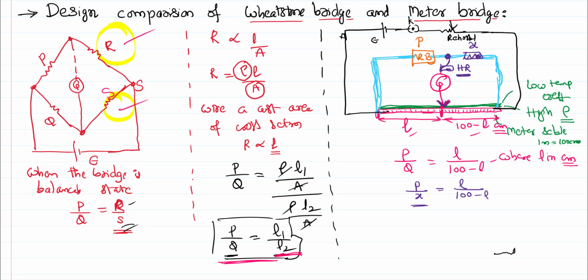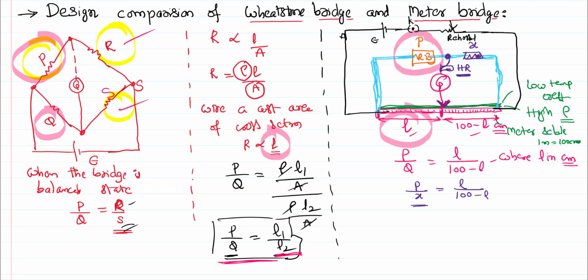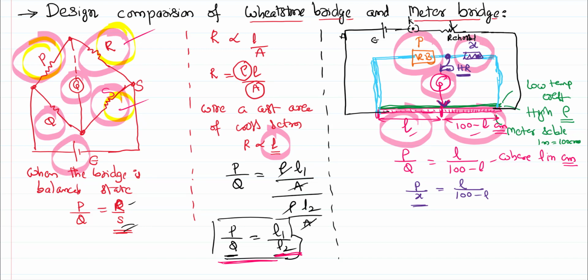So if you compare a little carefully, here is your P, here is your P, and here is your P. Here is our Q. In the place of Q, R is directly proportional to L, so we have L. Here is your R. Here is your X in the place of R. Here is your S. In the place of S, you have 100 minus L. Here is your galvanometer, and this is where your battery is.